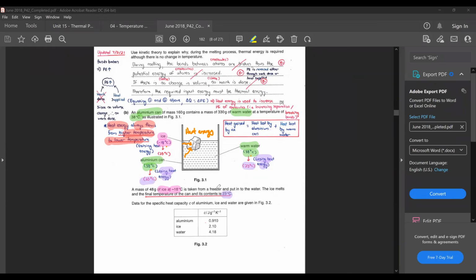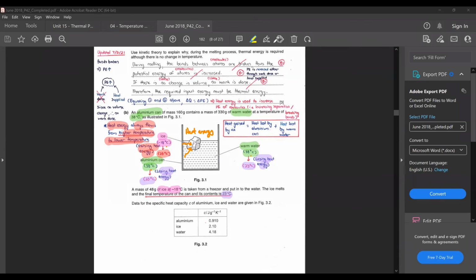The question already told you the ice melts and the final temperature of everything will be 23 degrees. Okay, so you see this is what's happening for your aluminum can and for your warm water. They are both losing heat energy. The temperature drops from 38 degrees to 23 degrees. And then when you look at the ice, because heat energy is flowing into it, its temperature will increase from negative 18 degrees to 23 degrees. It's gaining heat energy here. Okay, so this is what you can kind of see happening right now.